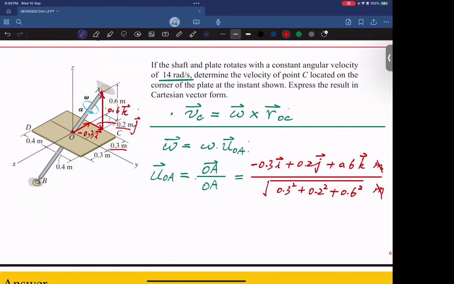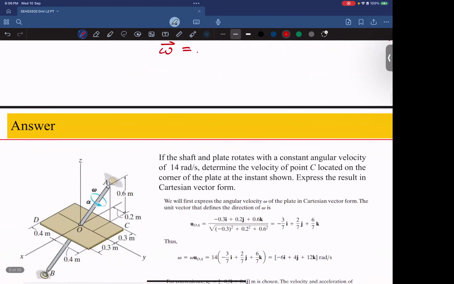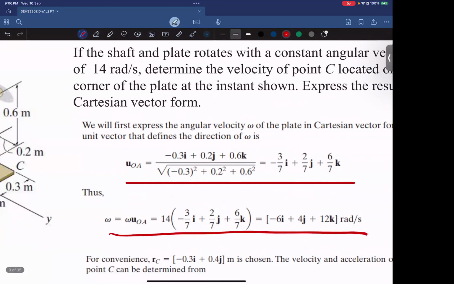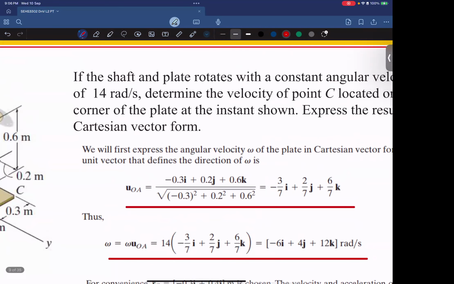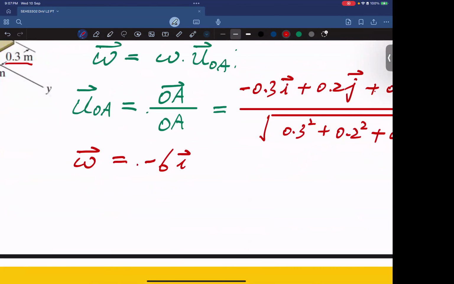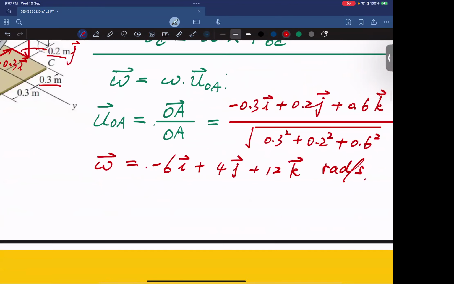Once we have U_OA, we can find omega. Here, omega is negative 6I plus 4J plus 12K radians per second.